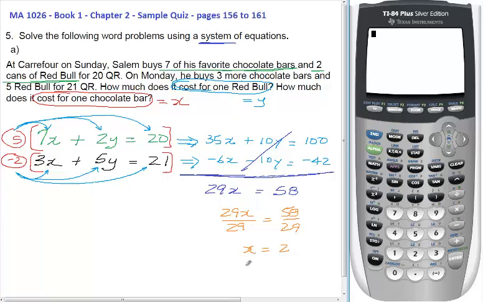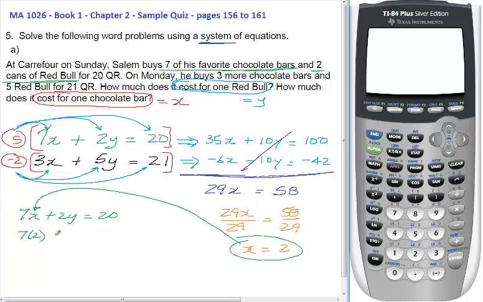Now how do we find the cost of the Red Bull? Well, we do what we've always done with this method. We take this and we substitute it back into either of our equations. It doesn't matter. I've got 7x plus 2y equals 20. So I'm going to take this x and put it in here. 7 times 2 plus 2y equals 20.